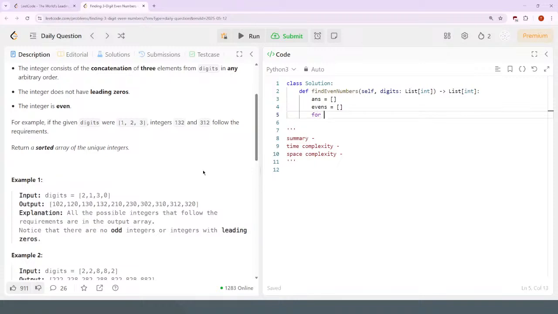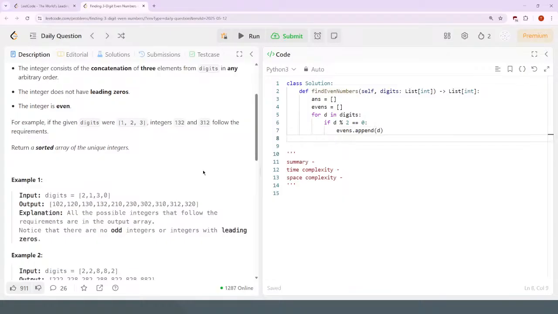So for every d in digits, if that number is even, which is the remainder by 2 is 0, evens.append that number. So then these are the numbers that you can have as the last digit.